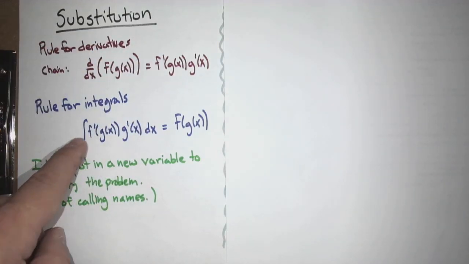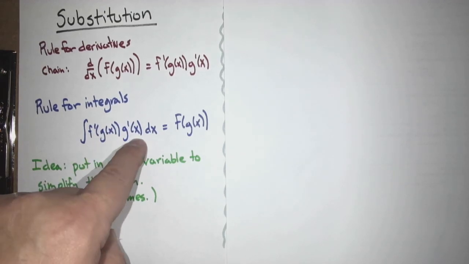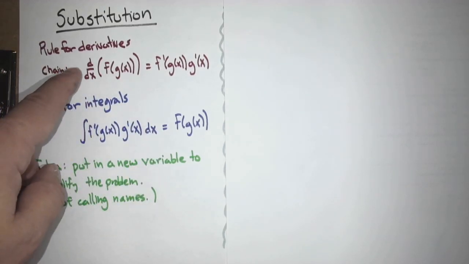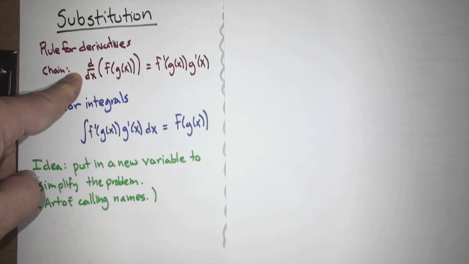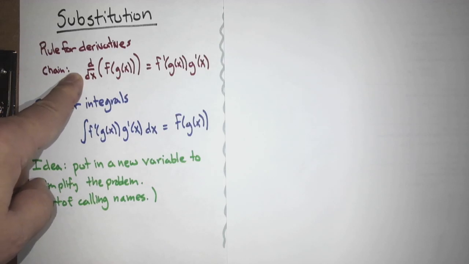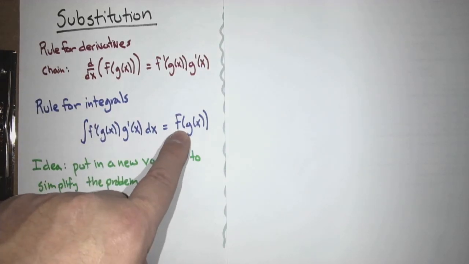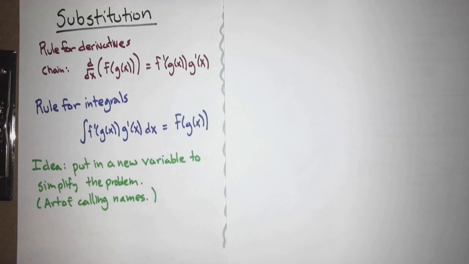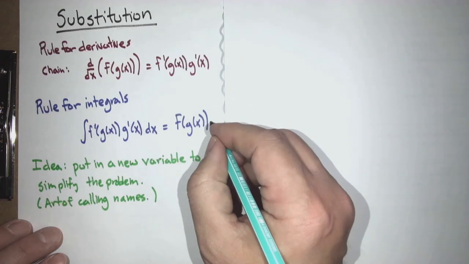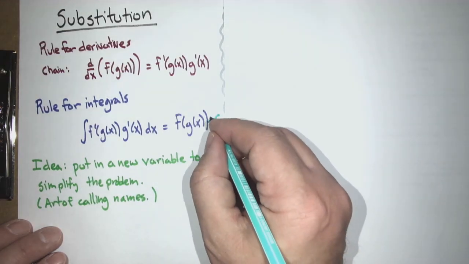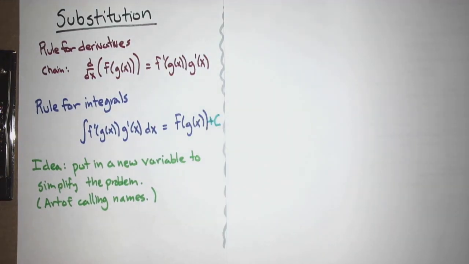So the integral of f prime of g of x times g prime of x dx, well, what do you get when you integrate a derivative? You get back to where you started, f of g of x. Now, technically, this is not correct. What would be correct? Plus c. We want to be technically correct. We love technicalities.